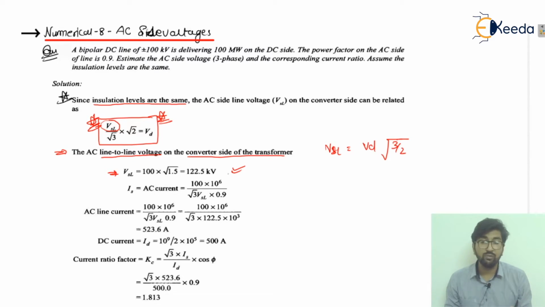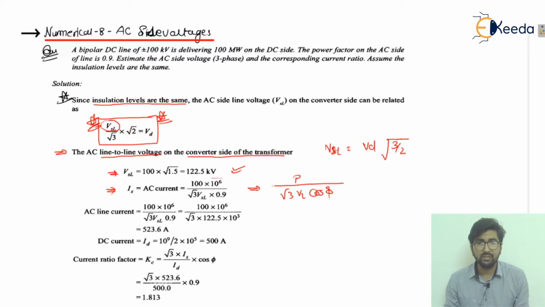Now you have to use IS, the AC source current, which we generally take. The formula you are very much aware of: power upon root 3 into line voltage into cos phi.